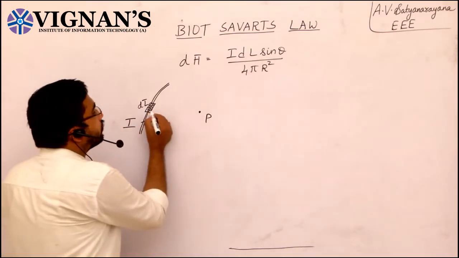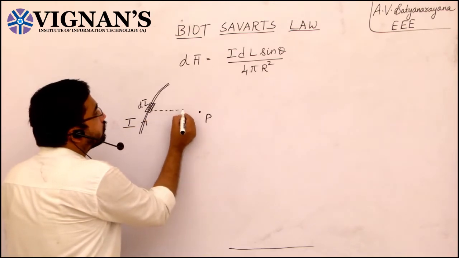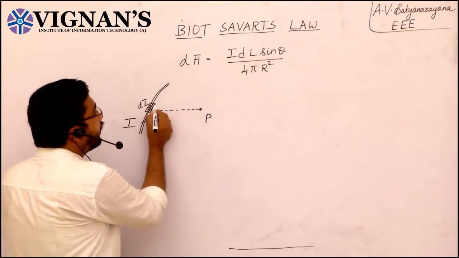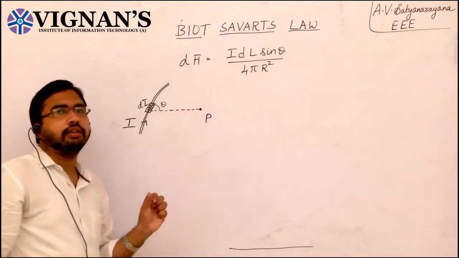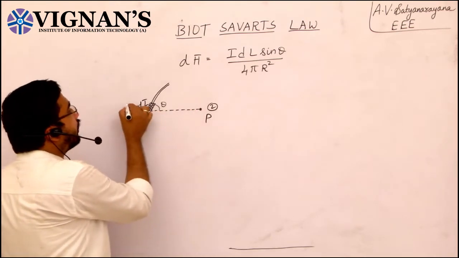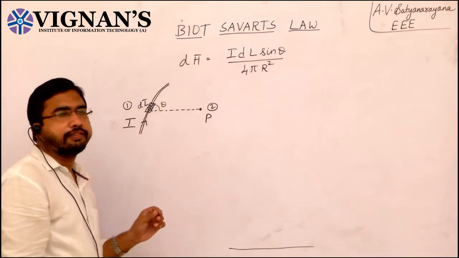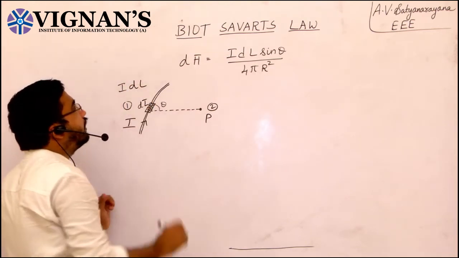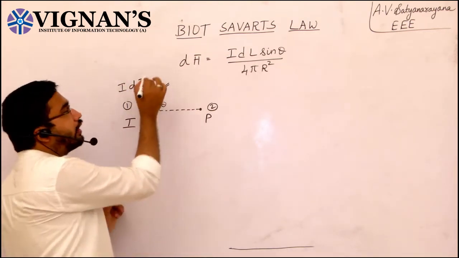Join this line to the point P, and this is angle theta. Now consider this as the second point and this dl as the first point. What is the differential current element? IDL. This is the differential current element.